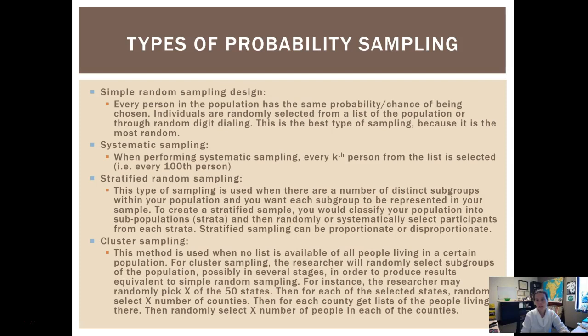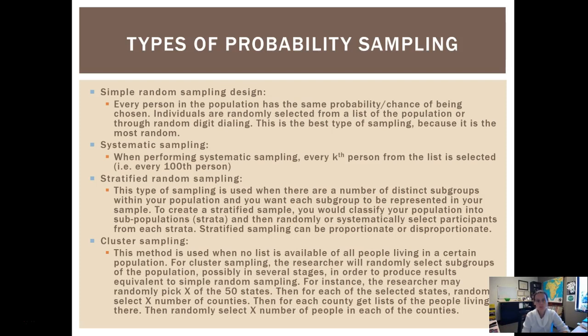Aside from just randomly choosing off of a list, simple random sampling is also accomplished through random digit dialing. A lot of the bigger polling companies, like for instance Gallup, which is one of the best known polling companies, use random digit dialing, so their computers literally dial random phone numbers and reach individuals in that way nationally or by state, by county, whatever is needed for their particular study.